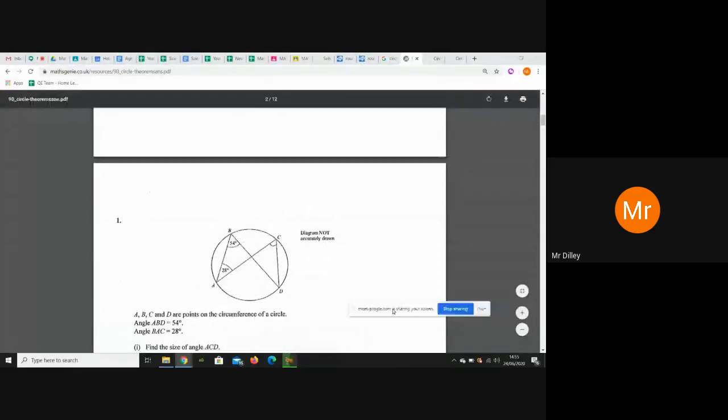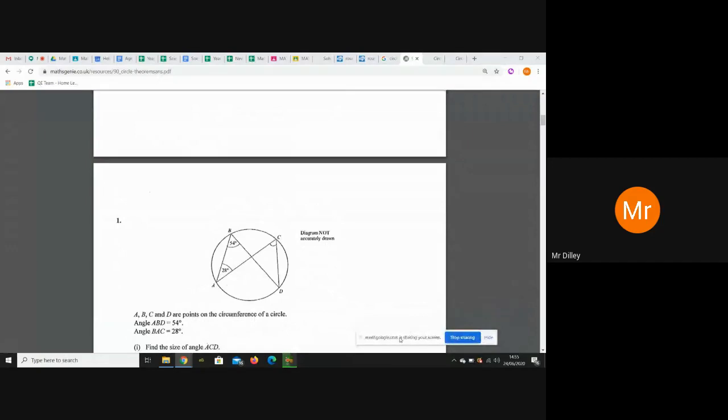It says, find the angle ACD, which is the angle marked up here. You've seen diagrams with two peaks like this before.